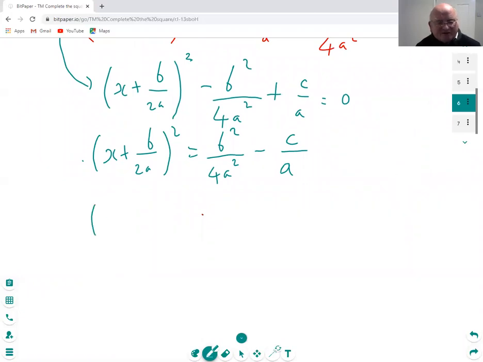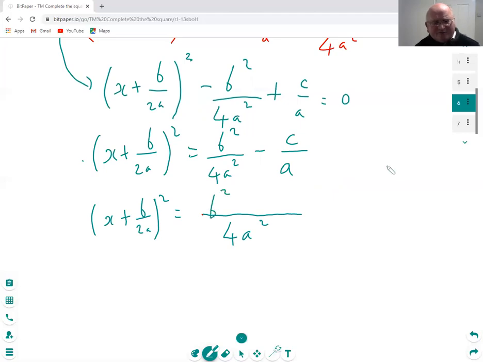Let's leave this side alone just for the time being. I'm just going to make this side all into one big fraction. So 4a squared goes on the bottom, because that is the common denominator we can have at the bottom.